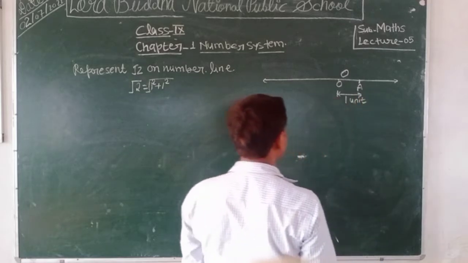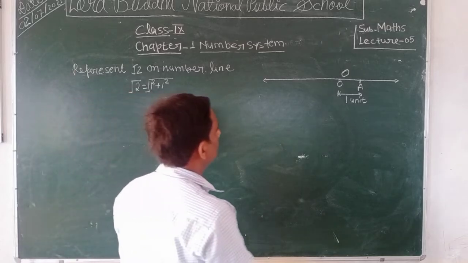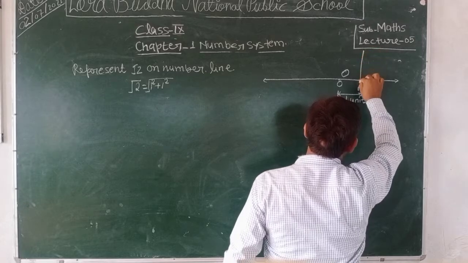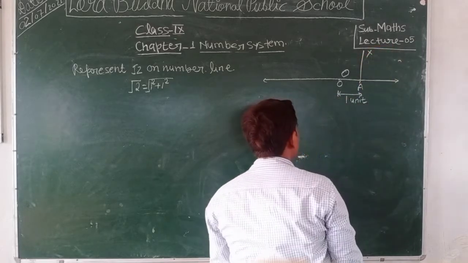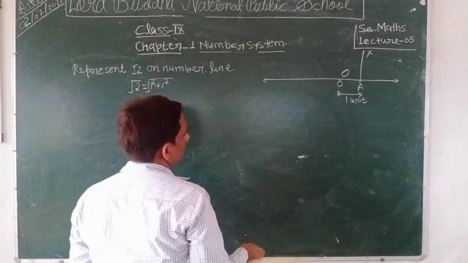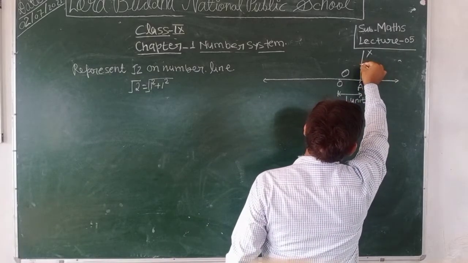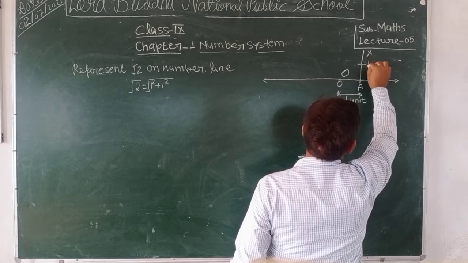Now we draw a perpendicular at point A. Suppose it is AX. Now we take 1 unit length from this perpendicular line.